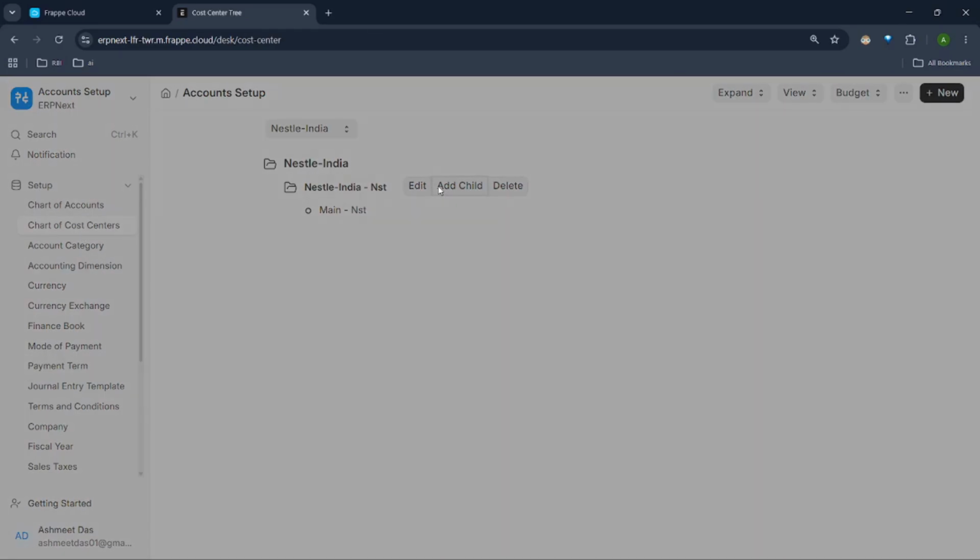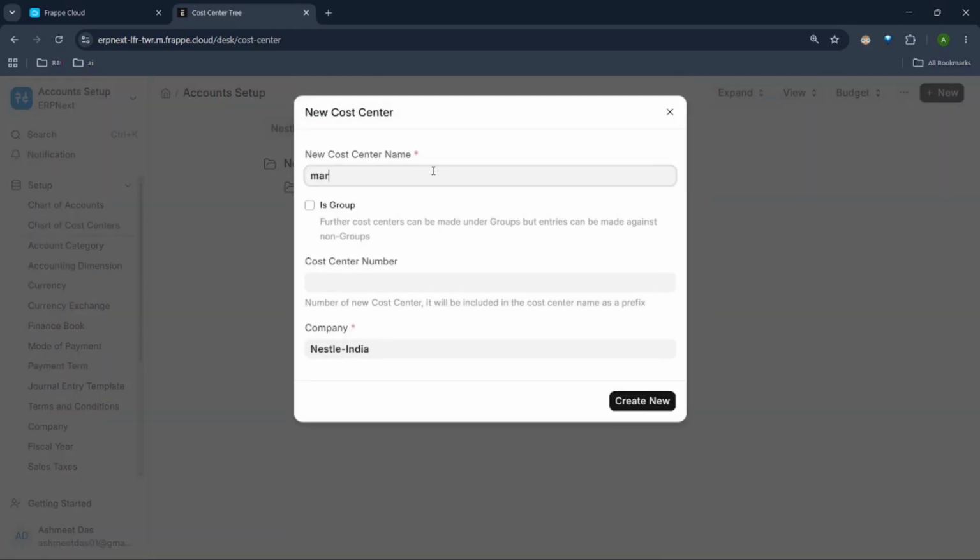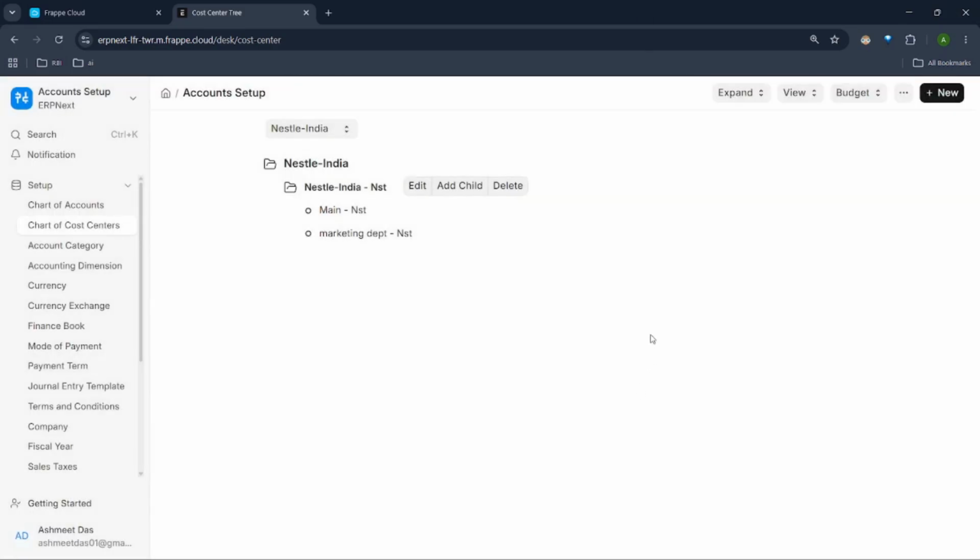Rather than that, we can create a marketing cost center, a marketing department, and use this to track our transactions related to marketing in financial accounts.